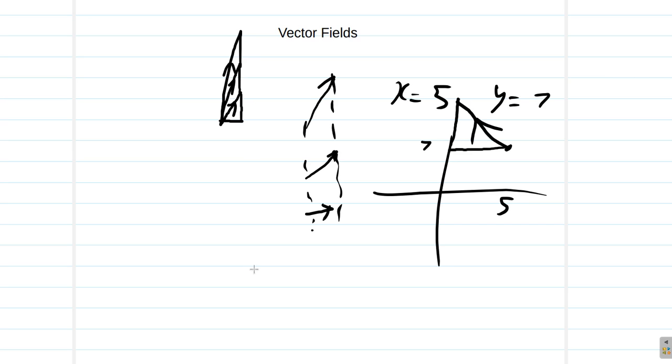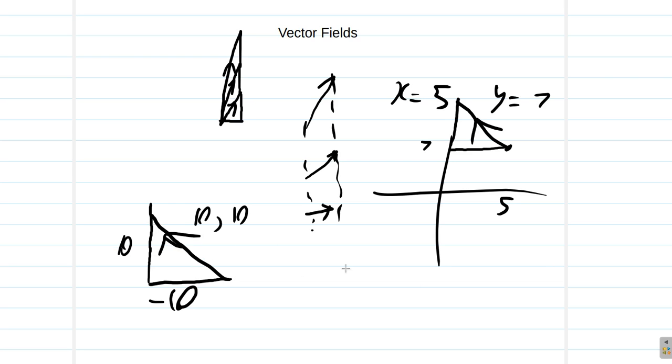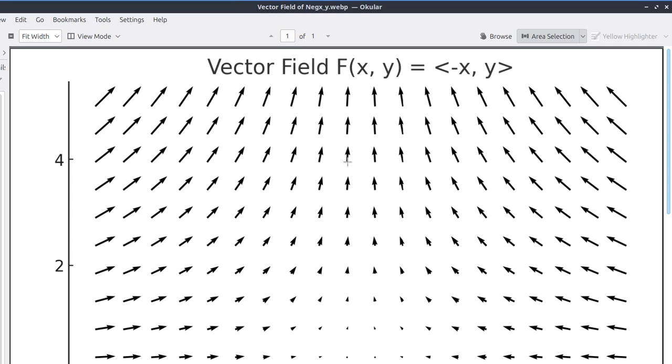When x is 10 and y is 10, you say 10 times negative 1, negative 10. So this is negative 10 to the left, horizontal component. The vertical component will be 10 up. So you have the vector looking like that, right?